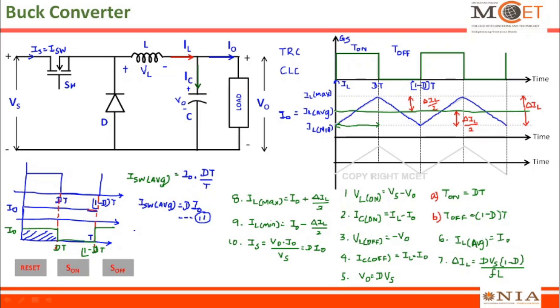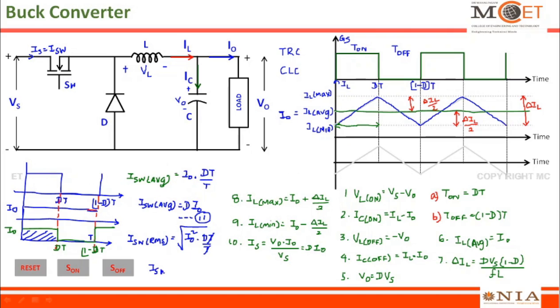Similarly, the RMS current, that is ISW RMS, the value of the current flowing through the switch, is given by the square root of the area under the squared curve. So that becomes I0 square into dt by T. This T and this T will get cancelled.